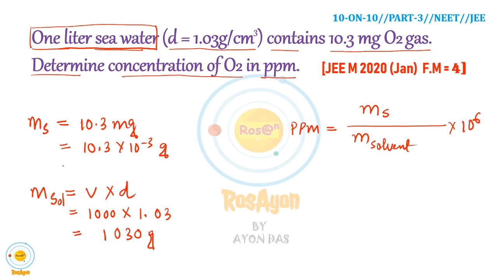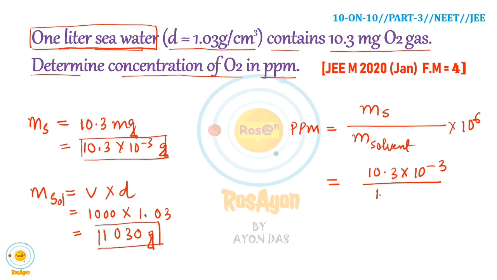So if you put this value, then ppm is equal to mass of solute, that is 10.3 into 10 to the power minus 3, divided by mass of solvent, which is equal to 1030 gram, into 10 to the power 6.